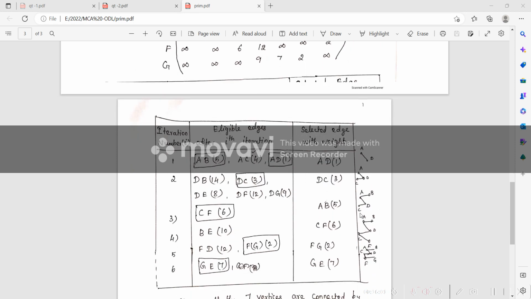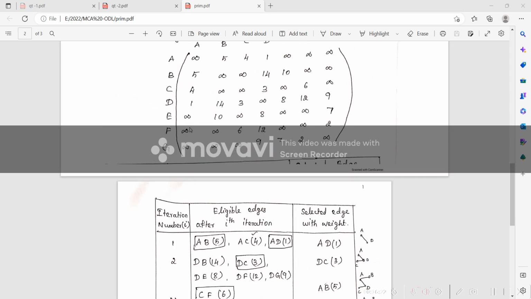Okay, and then now we have 3 vertices. One is A, D and C. So we have to consider all the edges which are coming from these 3 vertices. So all edges from A are here, edges from D are here. So only thing is we have to consider edges from C. So we are going to write edges from C. Okay, so in that C we have CA, which is already taken here, AC, so don't take this one.